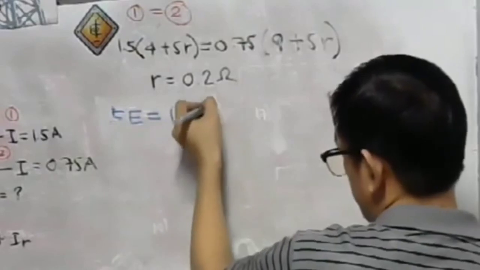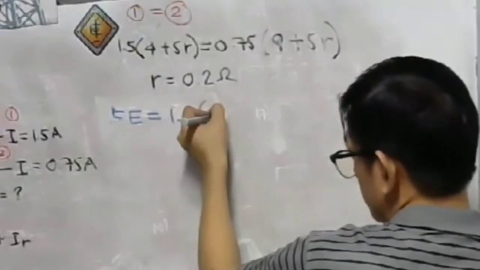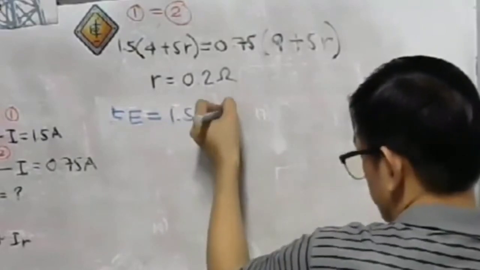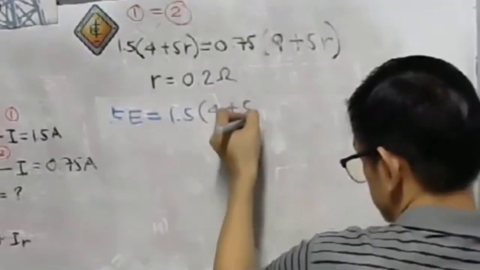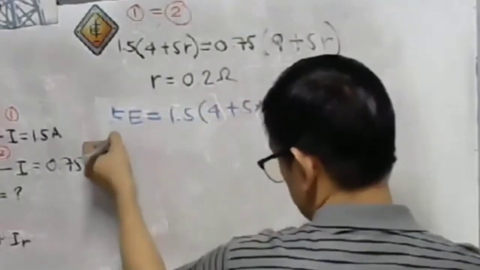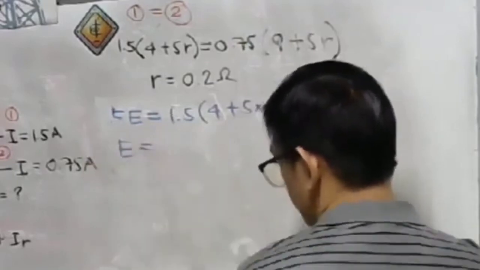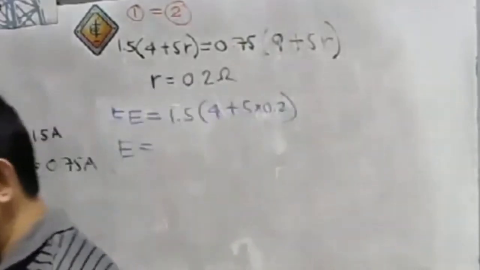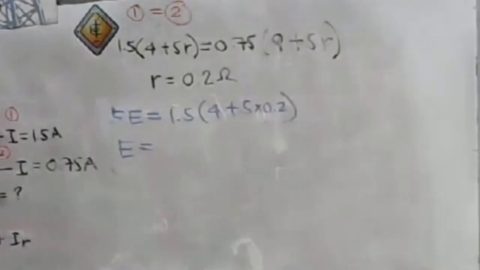1.5 multiplied by 4 plus 5r. Well, that is 0.2. Okay, so shift solve.